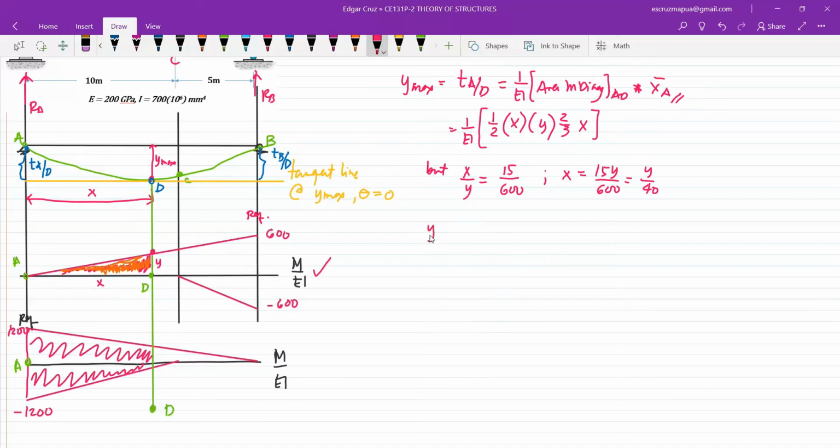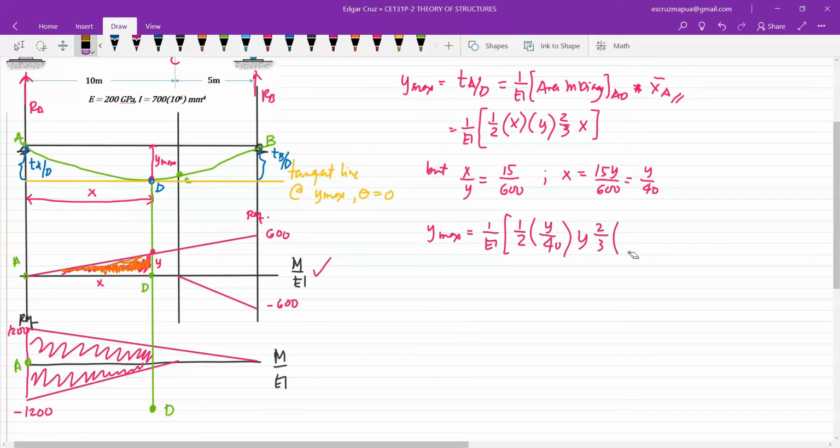Okay. So, therefore, Y max is equal to 1 over EI. Substitute natin yung X. So, that would be 1/2. X natin is Y over 40. Okay? Tapos Y uli. Then 2/3 of X. Or maybe we have to express it in terms of X na lang.